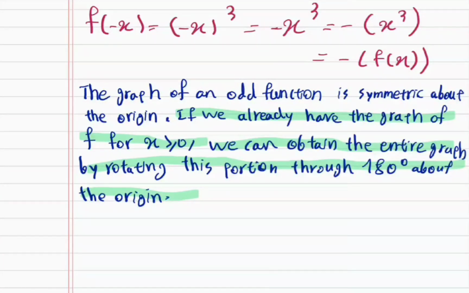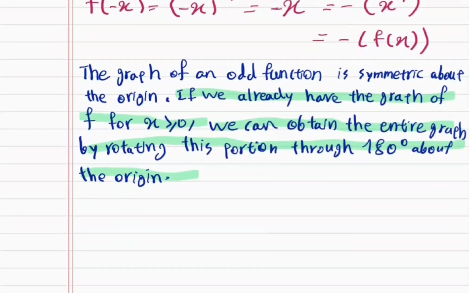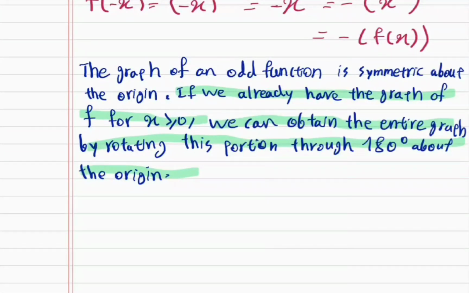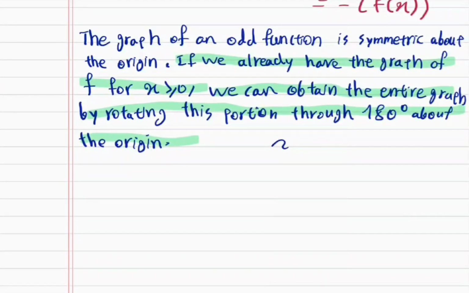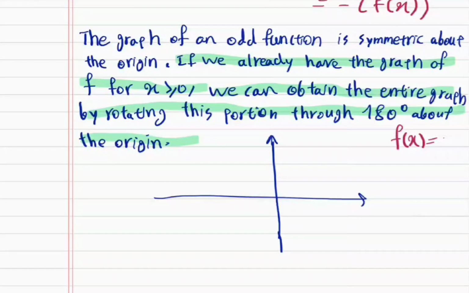So I want to show you an even simpler explanation of the geometrical importance of odd functions. So let's consider our example that we had above, which was this function, and we concluded this is an odd function, which is x cubed.